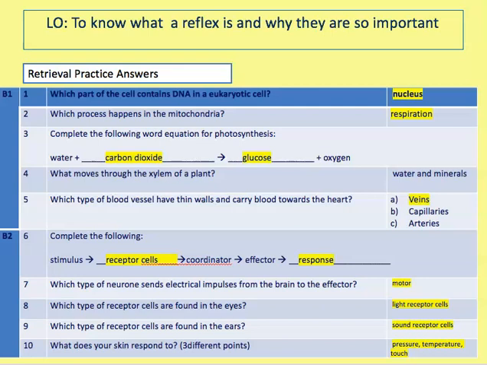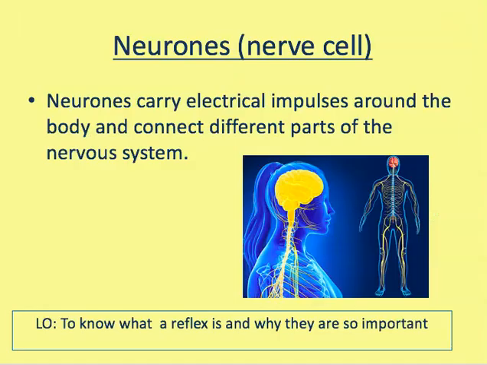Okay, so moving on. Now, I'm going to briefly talk about neurons, which, as I said before, is a biological term for a nerve cell. What a neuron does is carry electrical impulses around the body and connect different parts of the nervous system. Last time we talked about the central nervous system, which is your brain and your spinal cord running down the centre of your body. And then from that, you get the peripheral nervous system, which is around the side.